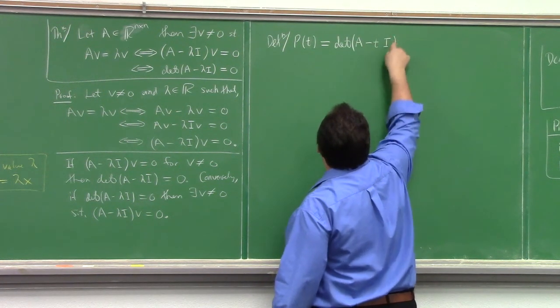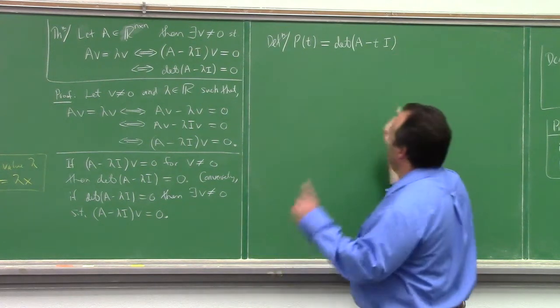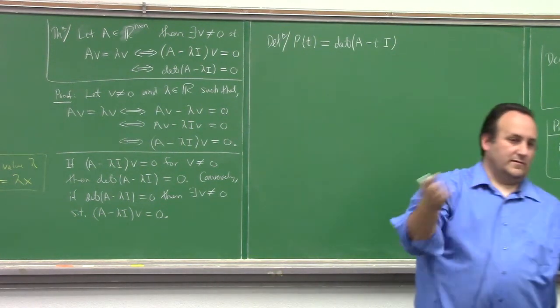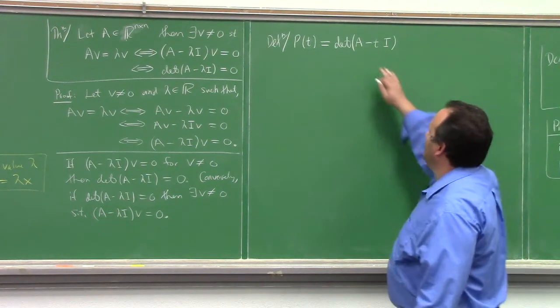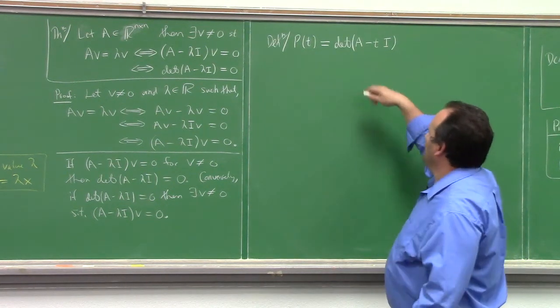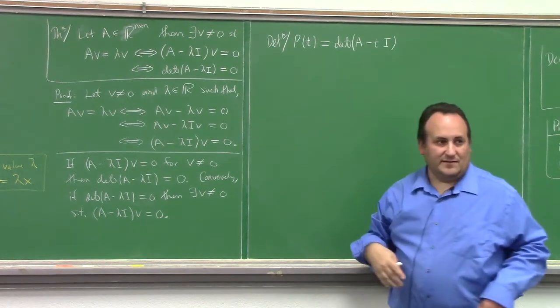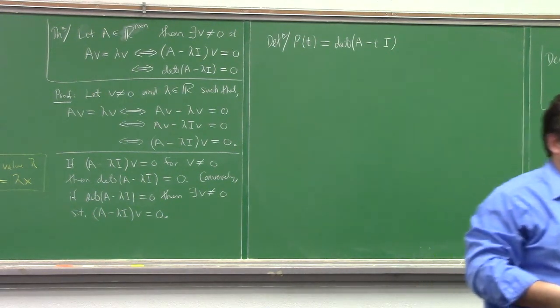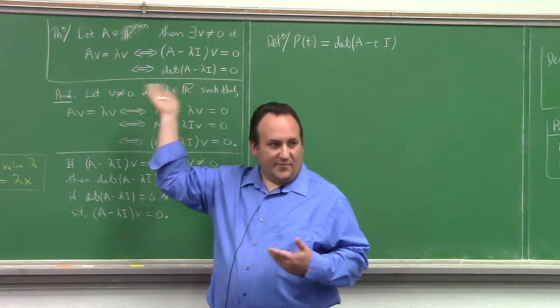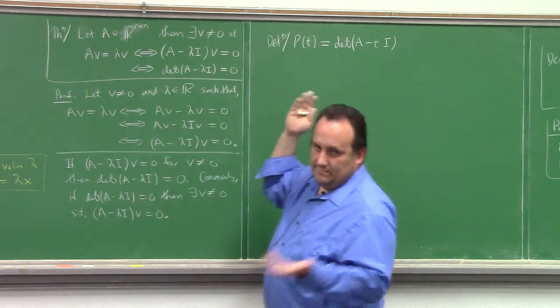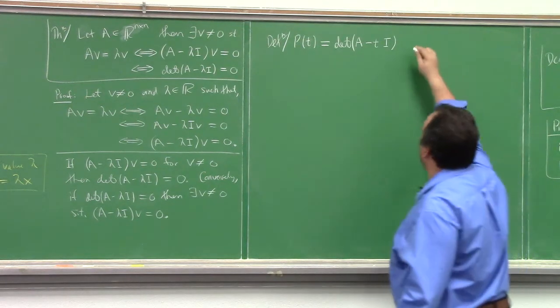A lot of people might flip the sign and put tI minus A. You could go either way. Like this theorem, I could have done lambda I minus A just the same. But anyway, this is the characteristic polynomial.